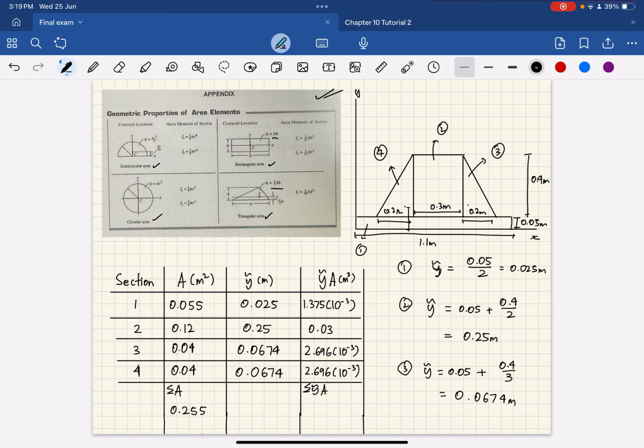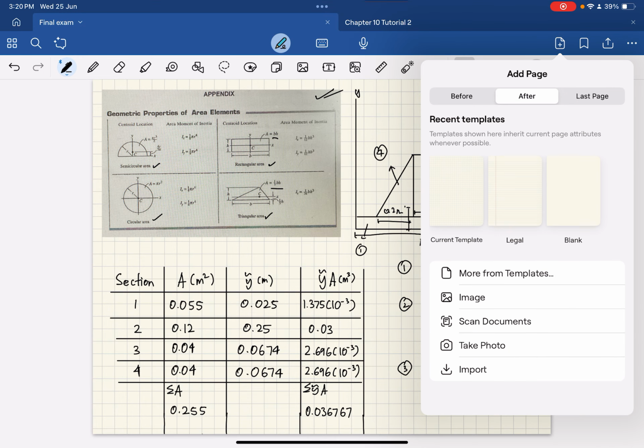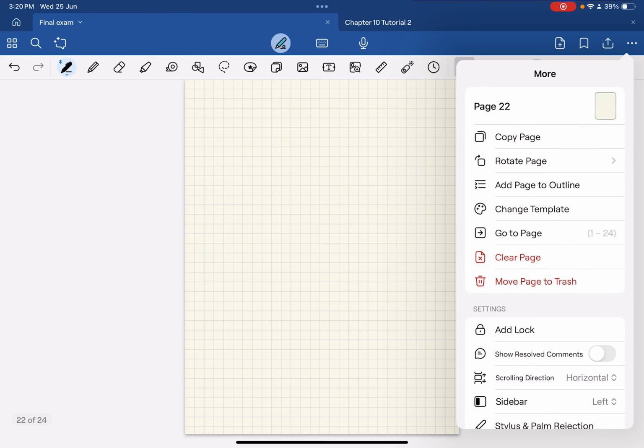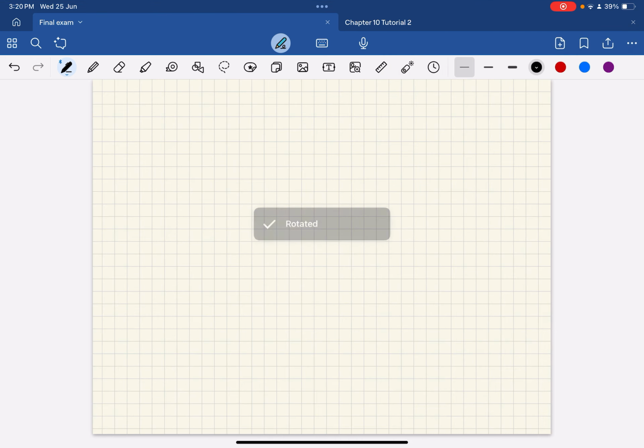Okay, add up everything to get the y tilde A summation. 0.03 plus 2.696 times 10 to the power -3 plus 2.696 times 10 to the power -3, 0.0367. Okay. So with that being said, we can easily find the y bar.